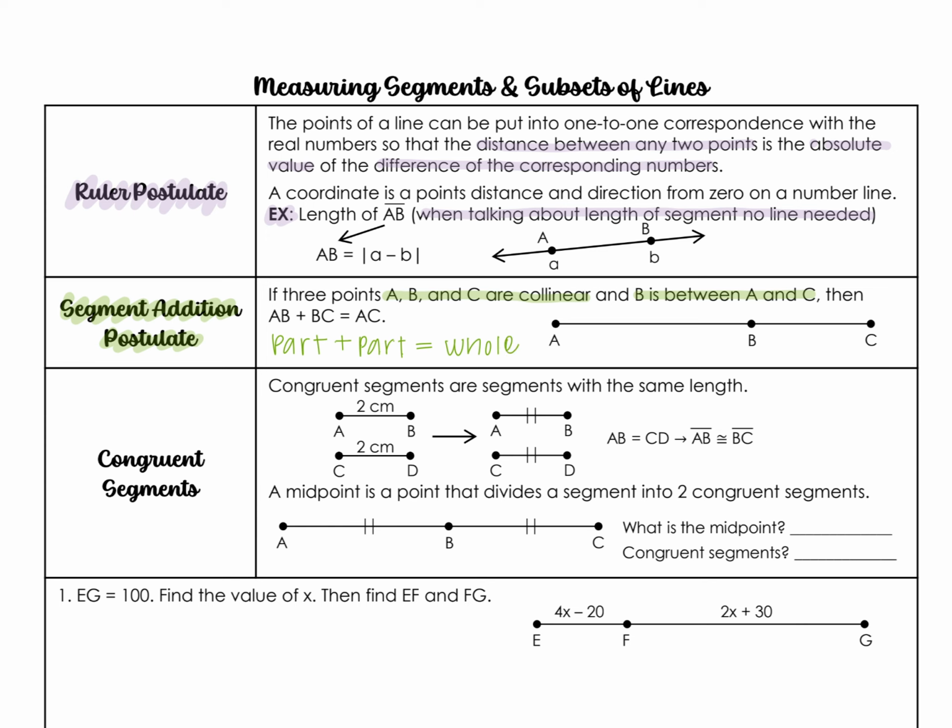So I get 2 times that 8 minus 6. Well, 2 times 8 is going to give me 16 minus 6. I will be left with 10. So AN is equal to 10.